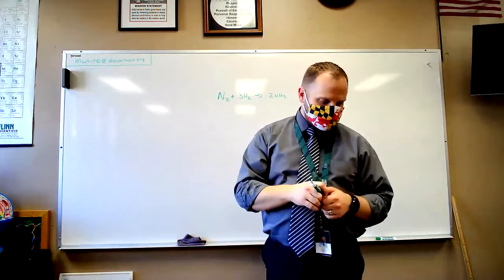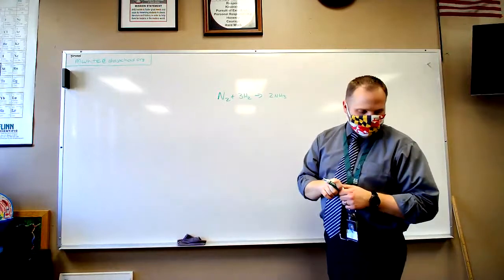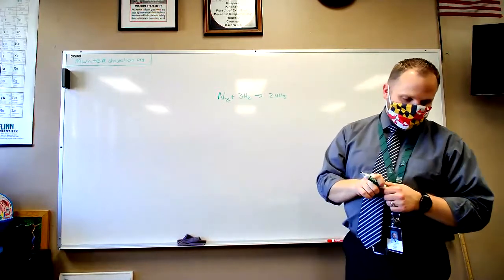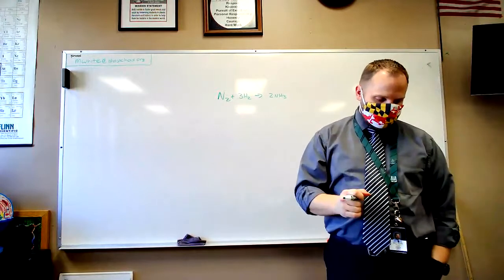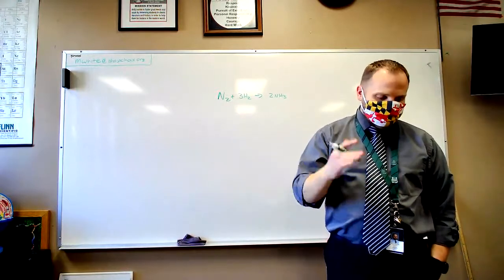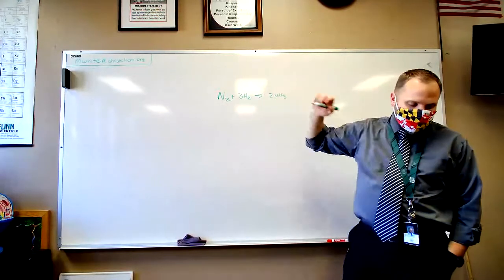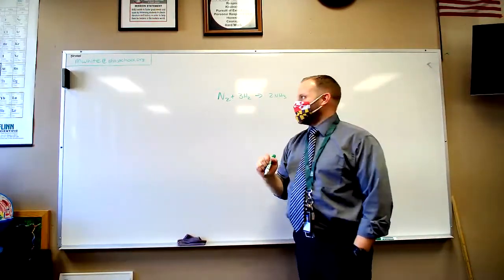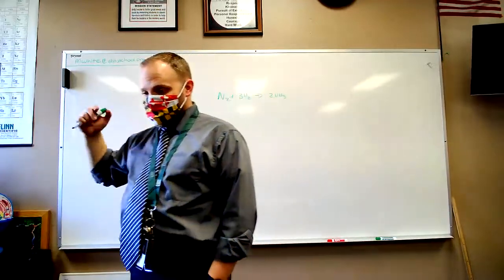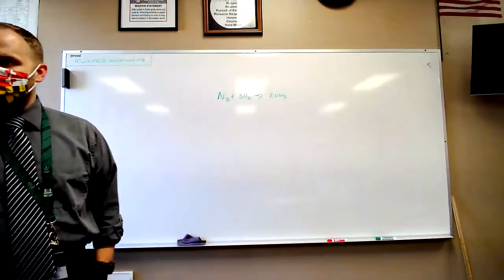So you can do that. Anyway, the first thing that the problem does is it wants us to convert how much ammonia we're going to get based off the fact that we have 5 liters of nitrogen. And that is just like we did on the last problem.